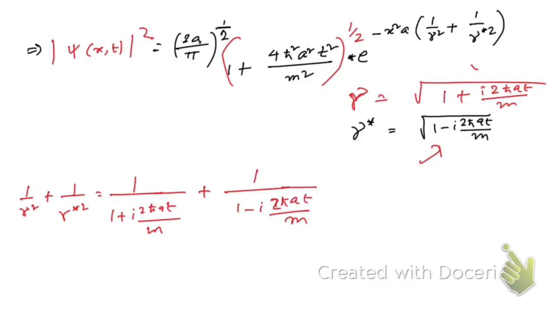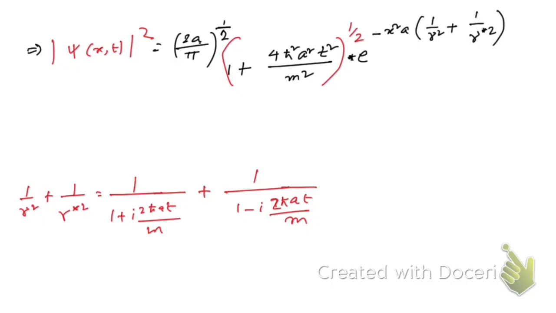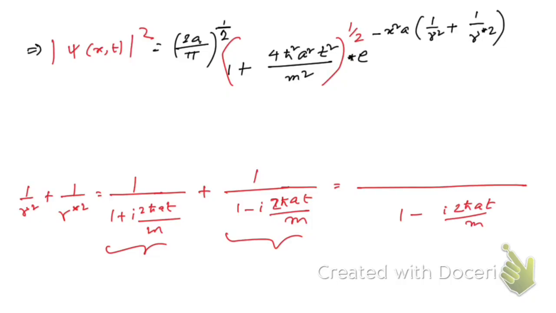So now let me cut this time. So if you take LCM and simplify, then what we're gonna have? So a plus b into a minus b, LCM is 1 minus, so i 2 a square a t by m, square of this and square of this. Then here 1 minus i 2 a square a t by m plus i 2 a square a t by m.